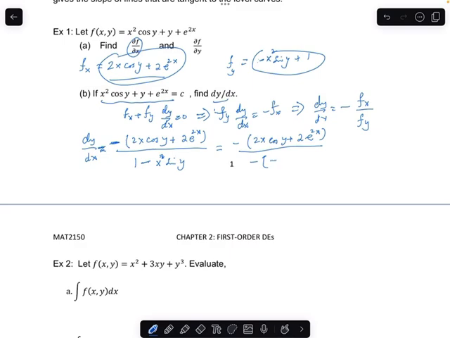So inside I get negative 1 plus x squared sine y. So then now this negative and negative cancel out. The top is 2x cosine y plus 2 times e to the 2x, and the bottom now becomes x squared sine of y minus 1.